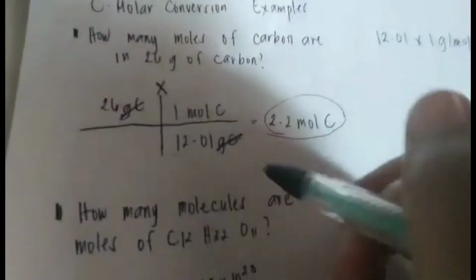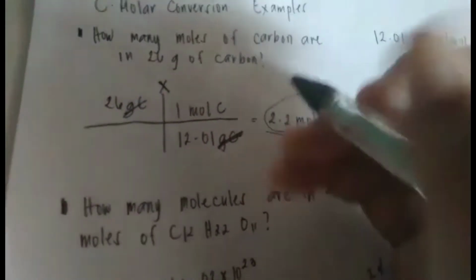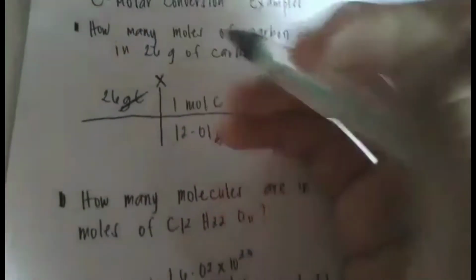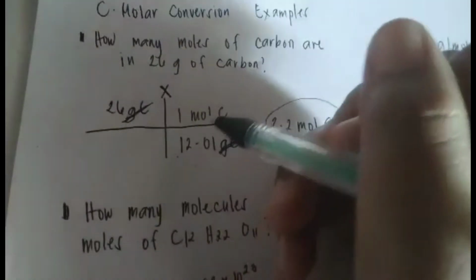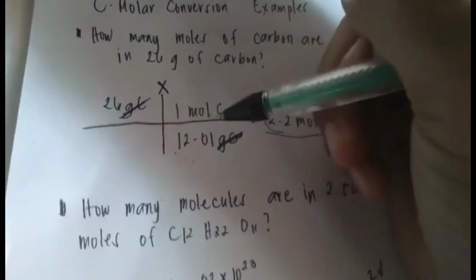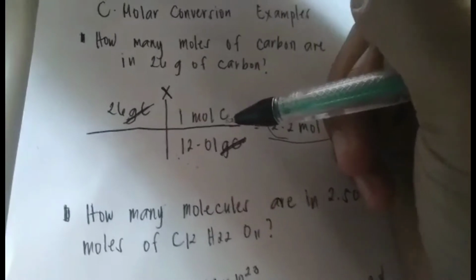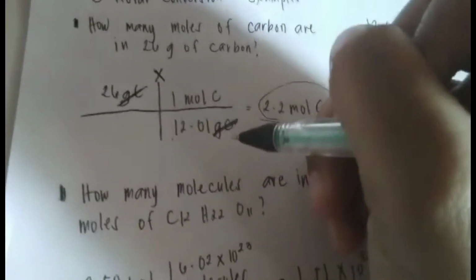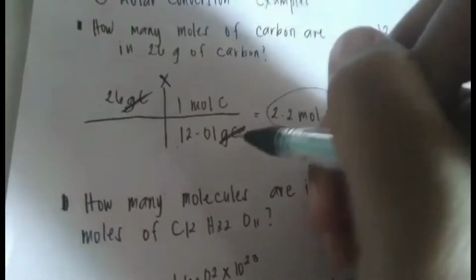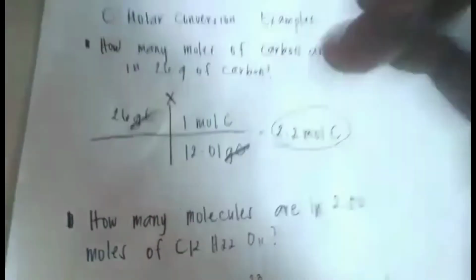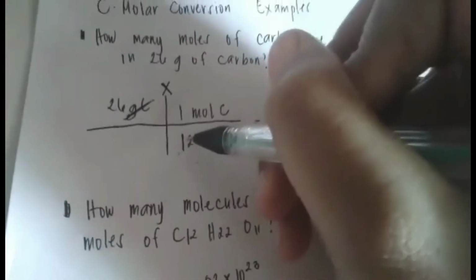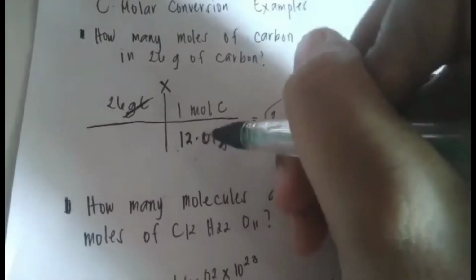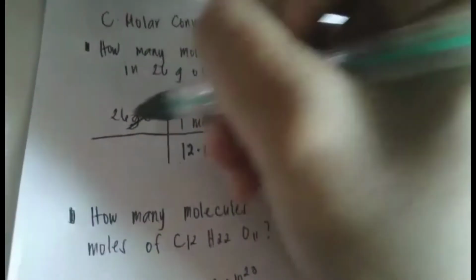If you still remember the molar mass explained earlier, we need to cross out these grams of carbon, and the only thing remaining here is 1 mole of carbon. Since we crossed out the grams of carbon, 12.01 still remains here, and also 26 still remains here.